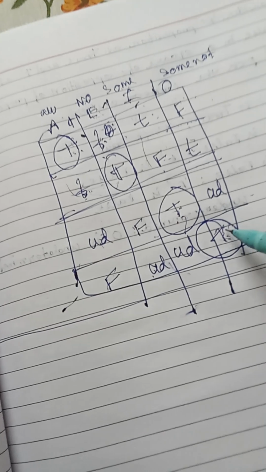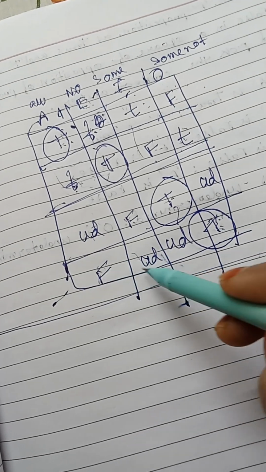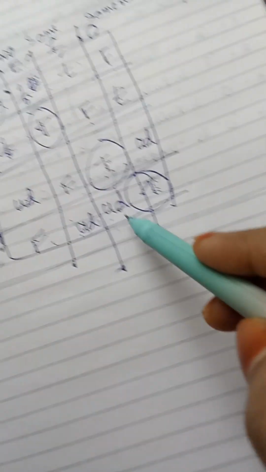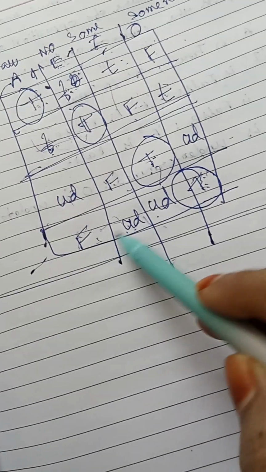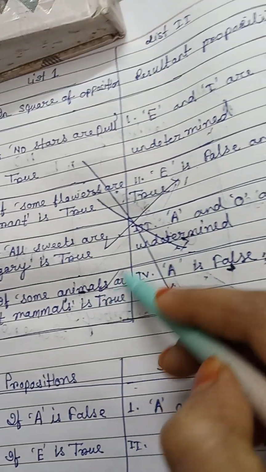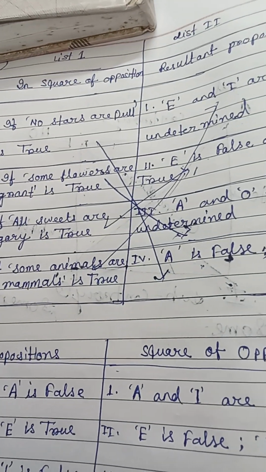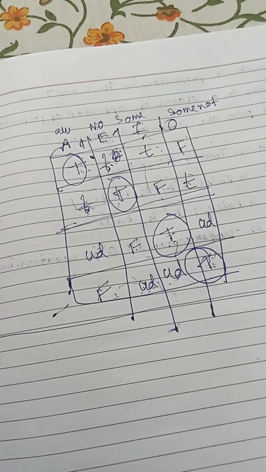So now A, E and I: E and I are undetermined. Now you see how I have solved the problem using this trick.